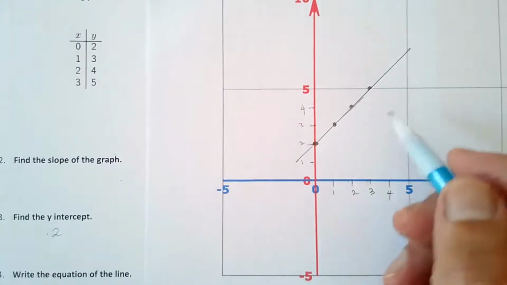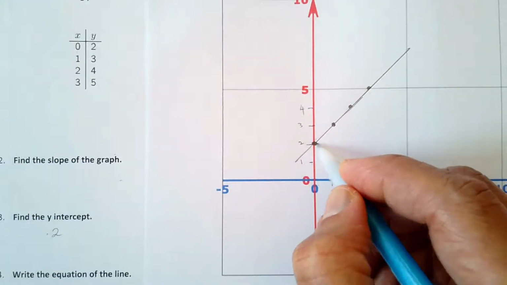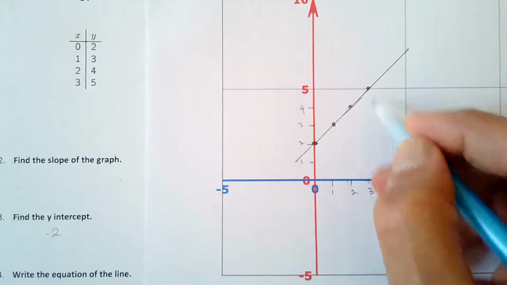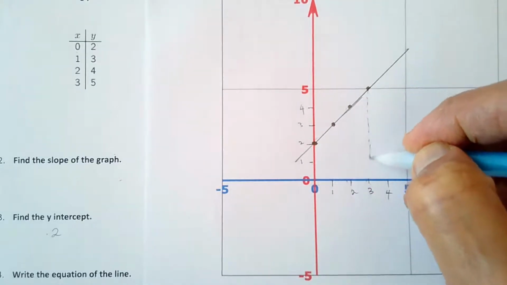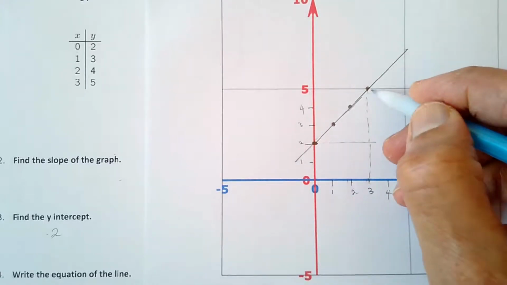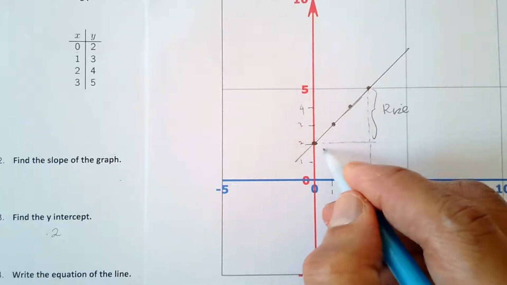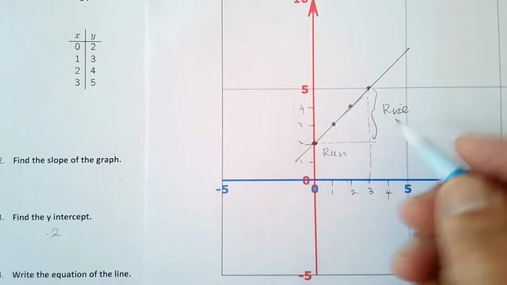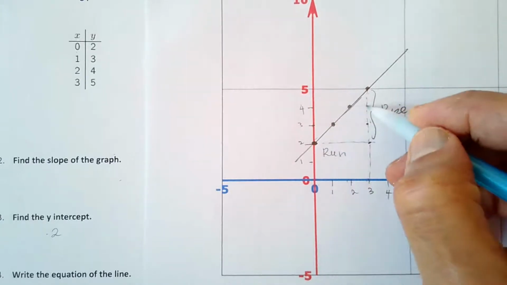Okay, the slope now, where the slope is the rise over the run. So I pick 2 points here, these 2 points, I can read them off easily. Then construct a vertical line. This is down 3 and this is down 2. But this is my rise. And this would be the run. So we count from here 1, 2, 3.